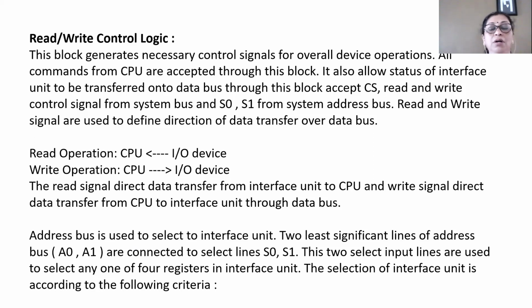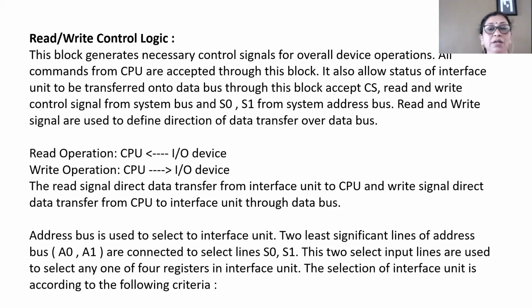This control logic is also capable of accepting the read control signal and write control signal, which again come from the CPU. The signals present on the read and write lines indicate whether this is a read operation or a write operation.